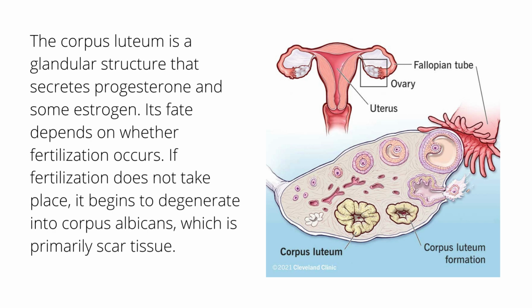The corpus luteum is a granular structure that secretes progesterone and some estrogen. Its fate depends on whether fertilization occurs. If fertilization does not take place, the corpus luteum remains functional for about 10 days.